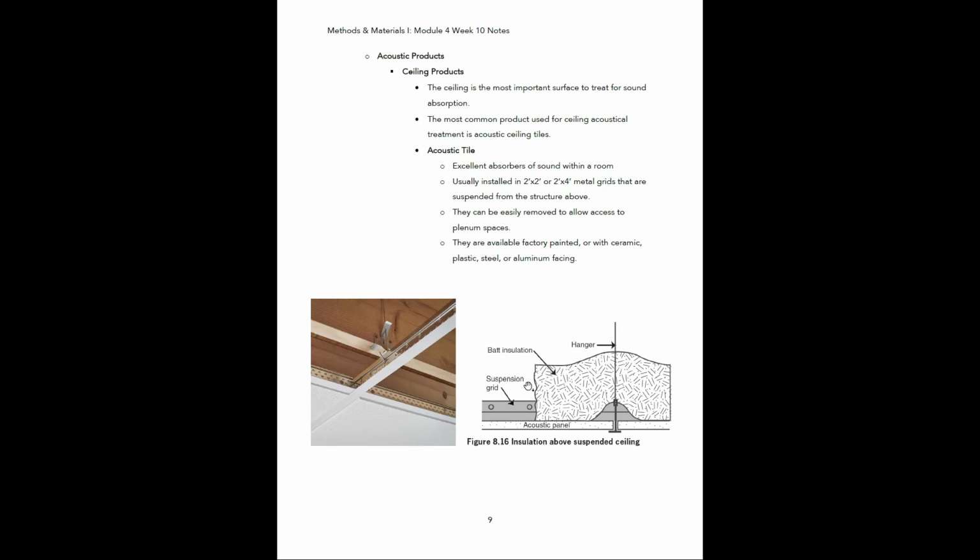So here you can see they just take rolls of batt insulation and lay it over top of the ceiling tiles. Okay, and that's just going to add an extra layer to catch any sound transmissions that would be going into that plenum space.